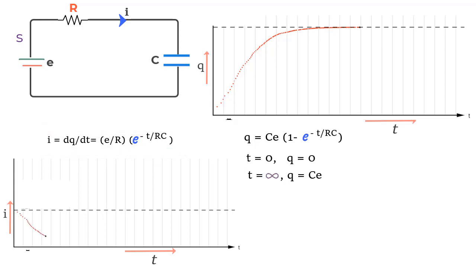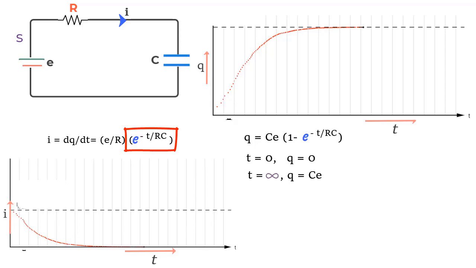And you can see that at time t equal to 0, this part of the equation becomes unity, and initial value of the current is EMF by R, which we know is true. And if you take time equal to infinity or a very long time, the current falls to 0 as the capacitor builds up charge and keeps avoiding the flow of more charge till it becomes fully charged.